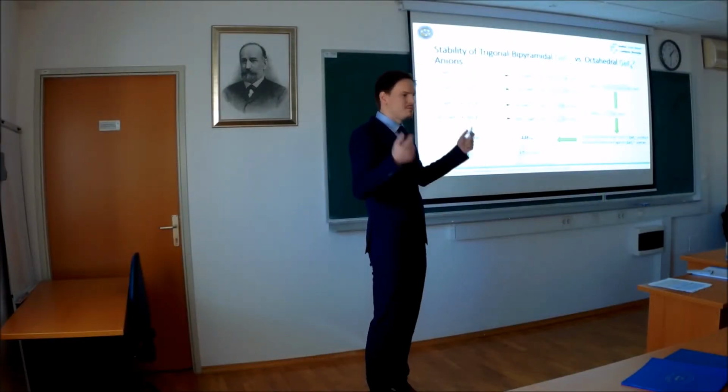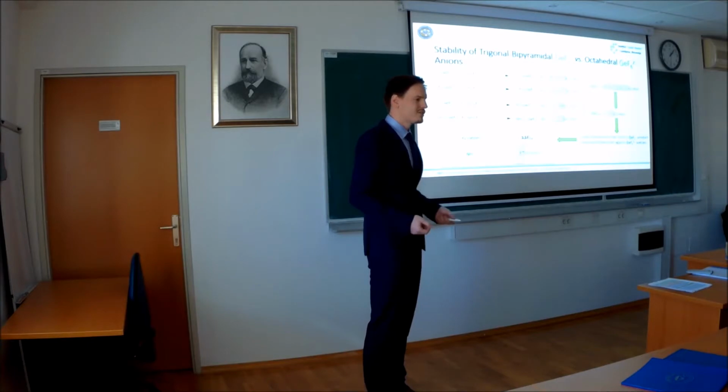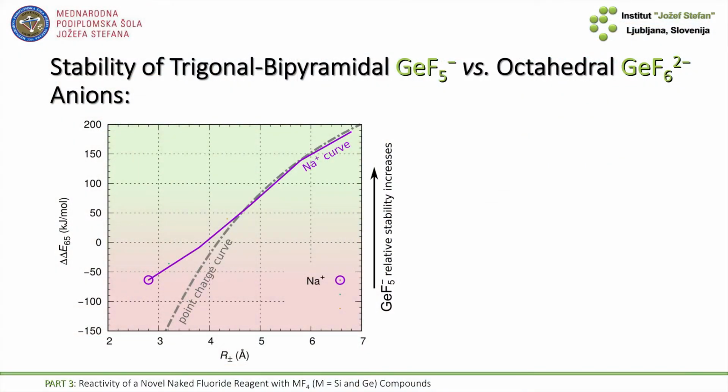And now we have some absolute numbers that, again, don't tell us much. But what you can do with these numbers is plot them as a function of the distance between the center of charge of the cation and the center of charge of the anion. And if you do this, you can see sodium, as a really small cation, can get really close to the anion, and the energy difference is quite negative.